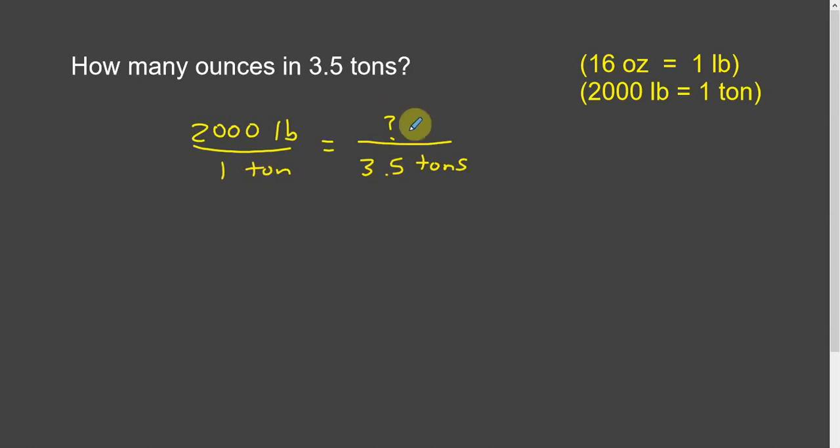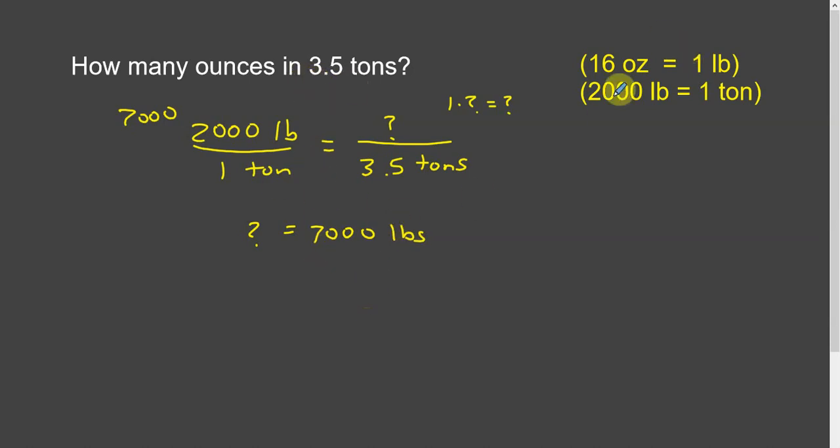Okay, so again we have 1 times question mark, which is great, because that's just question mark. And then 2,000 times 3.5 is 7,000. And again, dividing by 1 doesn't change anything, so this is 7,000 pounds. So that's how many pounds 3.5 tons is.